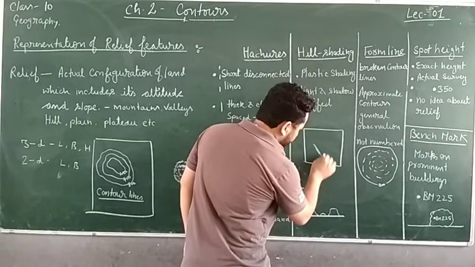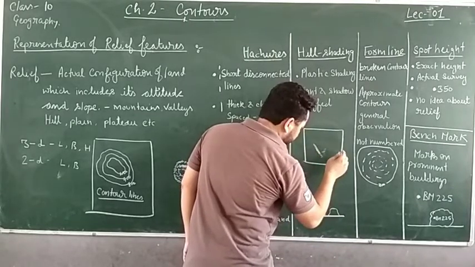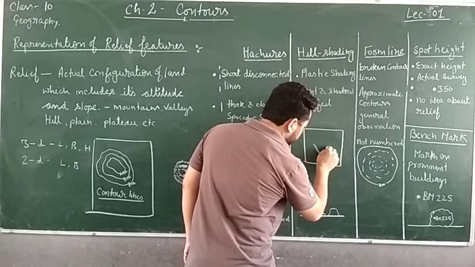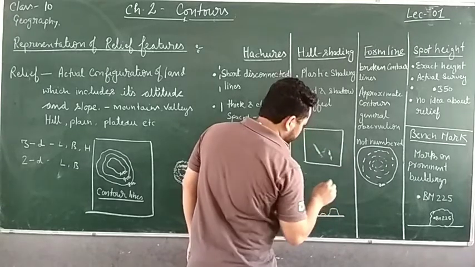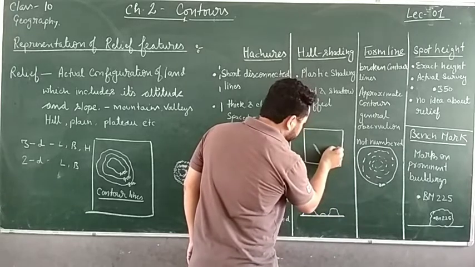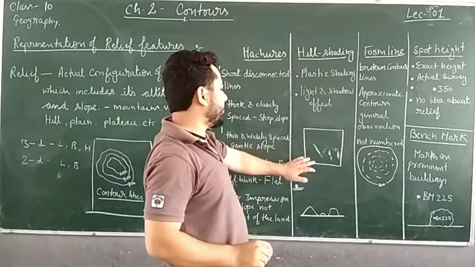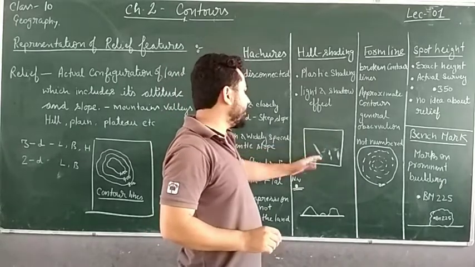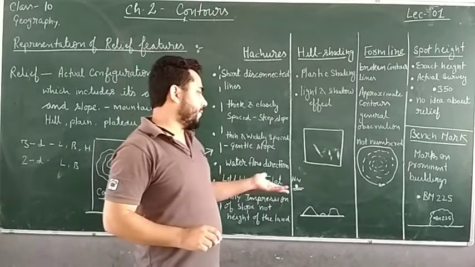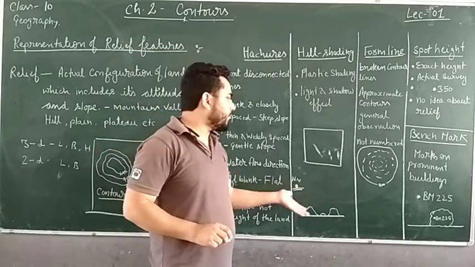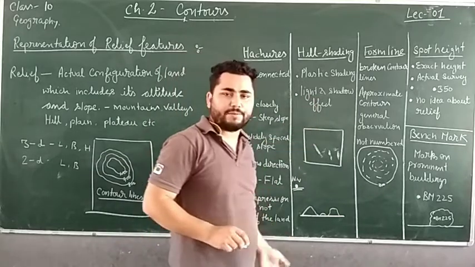Then here light shadow, and here upside light shadow, here dark shadow, right? On the basis of shadows I will be getting a picture, right? That type of representation of relief features on a piece of paper on a map is called hill shading or plastic shading, right?